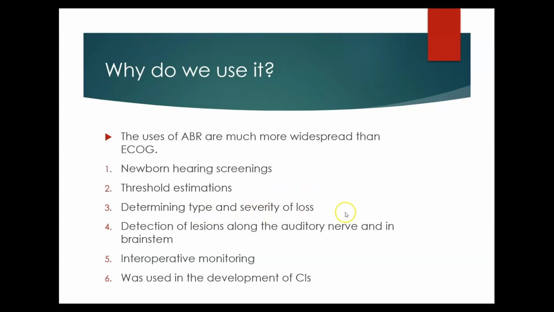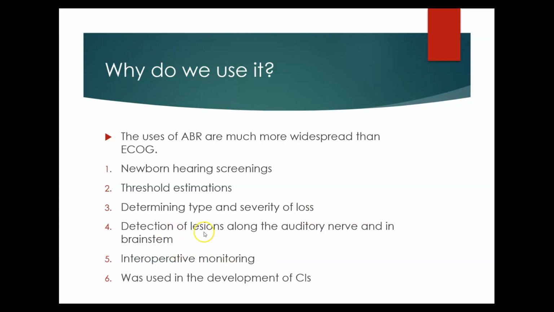And it also helps us determine the severity of the loss. Is it a mild, moderate, severe hearing loss? So the ABR is able to do that. An otoacoustic emission cannot, with any degree of certainty, determine the type of loss. And it really is only good at detecting hearing loss up to a moderate.